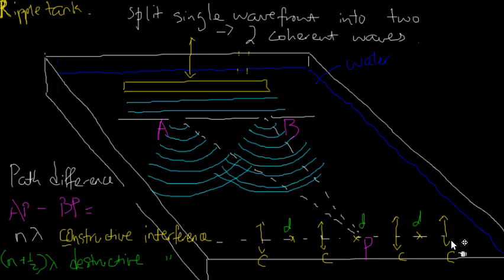We can't see light. Light allows us to see things, but we can't actually see light itself. But it's possible to set up a similar experiment and show that we have a situation very similar to the one I described for this ripple tank. So let's have a look at that.